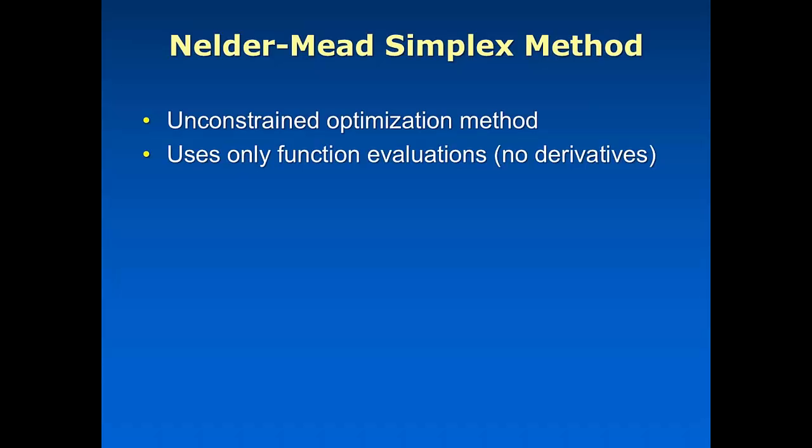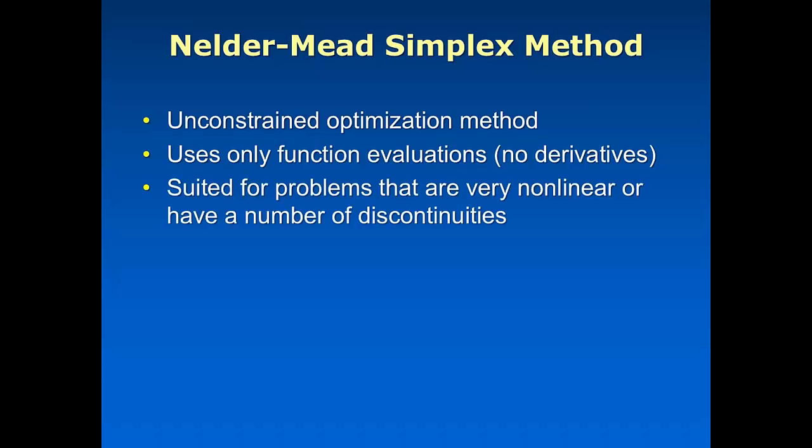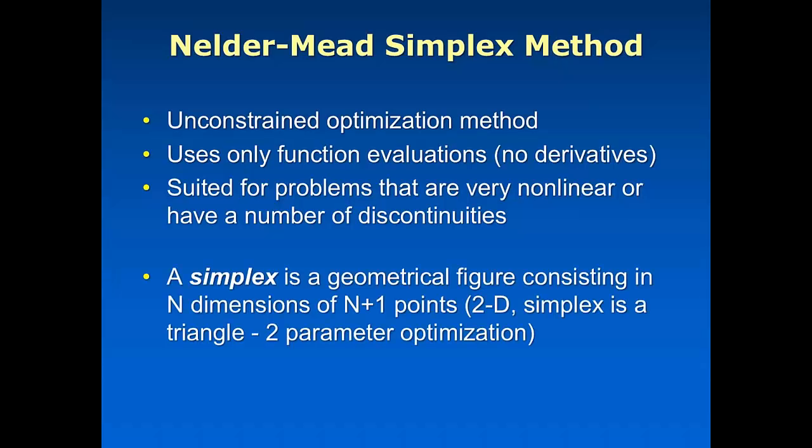We can basically just take a set of parameters, evaluate the model at that set, then evaluate it again with a different set and so on, and compare those to each other to find out which way is the way that makes things better. It's very good for problems that are nonlinear or have a number of discontinuities, and that's really good for these ASM type wastewater models that we have. They have not discontinuities, but they certainly have very sharp changes in the sensitivity of the model when you're getting to a point where you're either sort of right on the edge of nitrifying, for example.